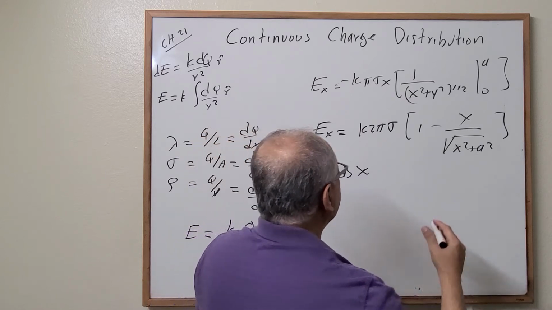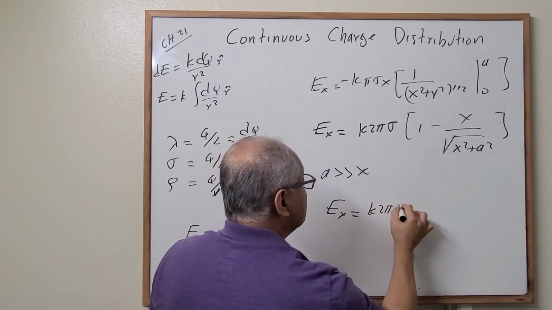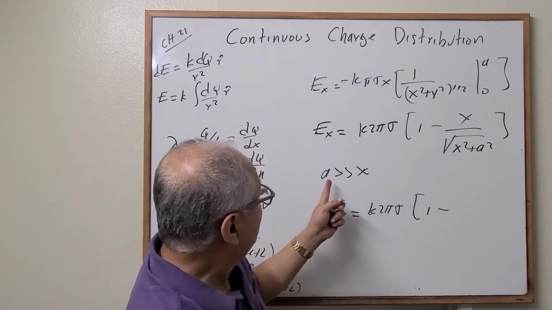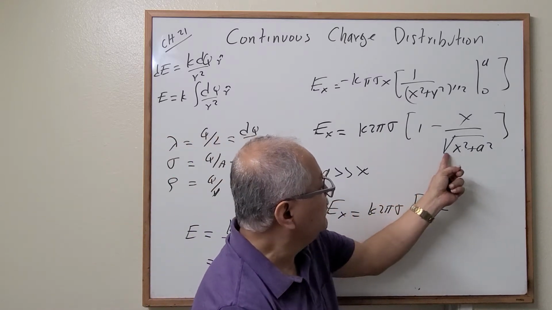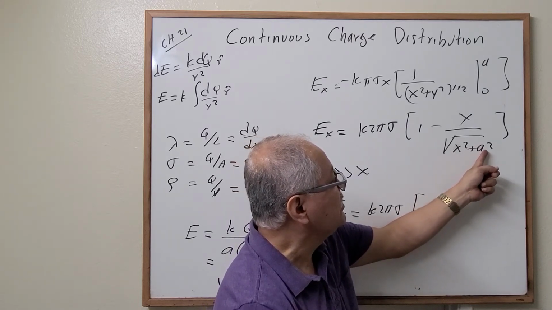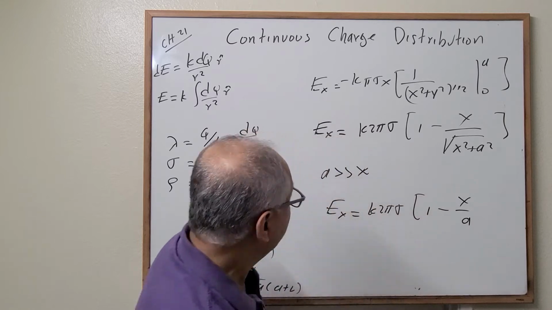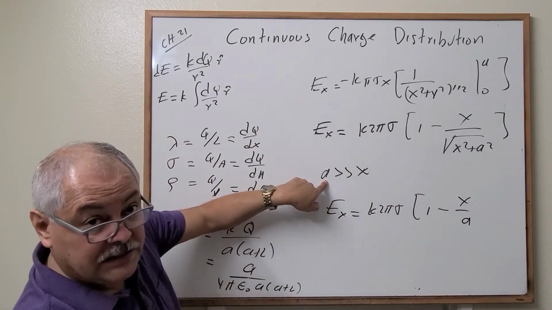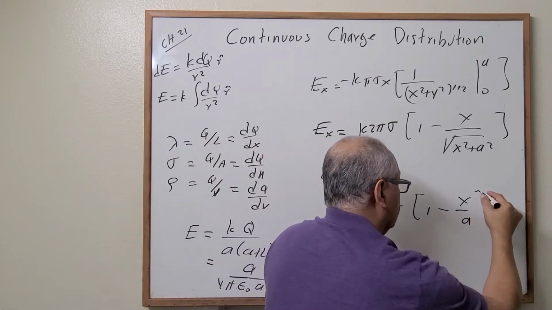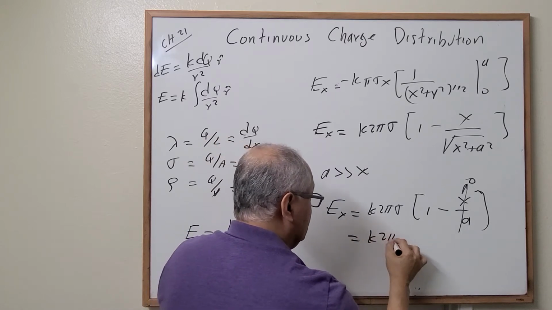In this case, the electric field is equal to k 2 pi sigma times 1 minus, look, when we establish this condition, these two become very small, become 0, and then it becomes just a squared. The square root is going to be x over a. But again, because a is much larger than x, this approaches 0. And then what do we have? This is equal to k 2 pi sigma.